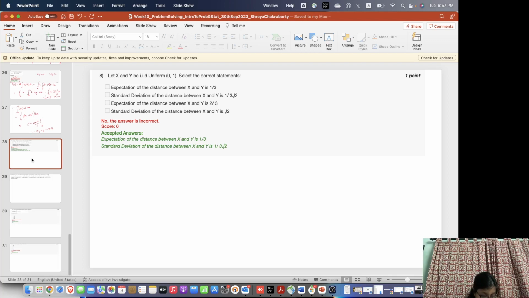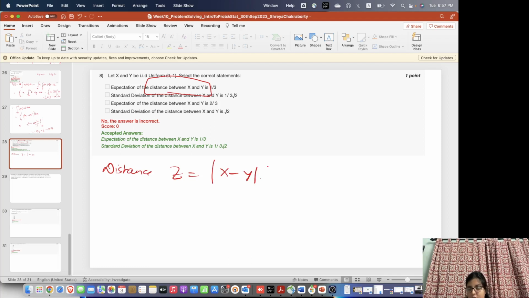So how should we go ahead and solve this? The first thing is, what is this variable, distance between x and y? So distance z is actually the modulus of x minus y, the absolute magnitude of distance between x and y.